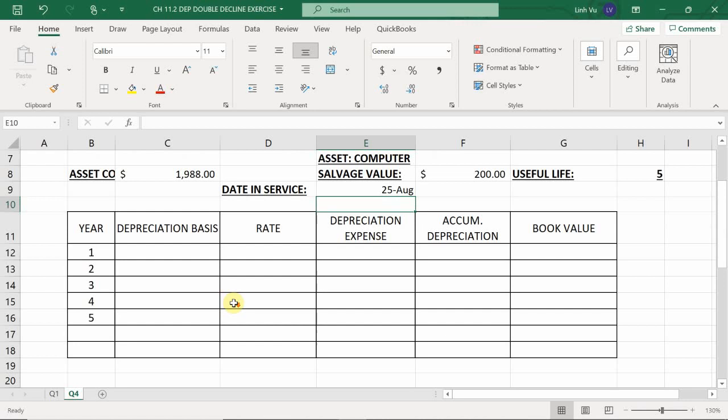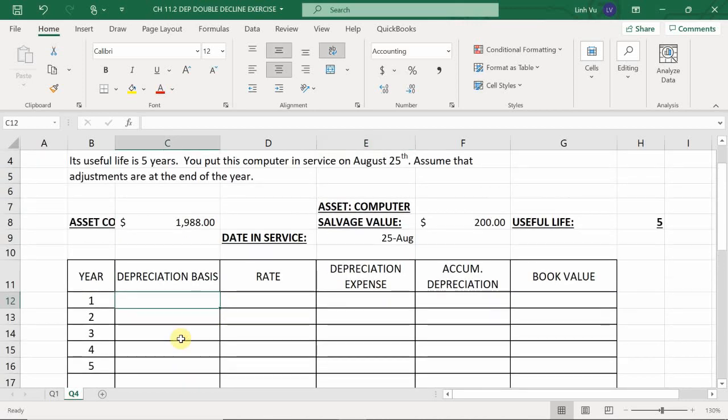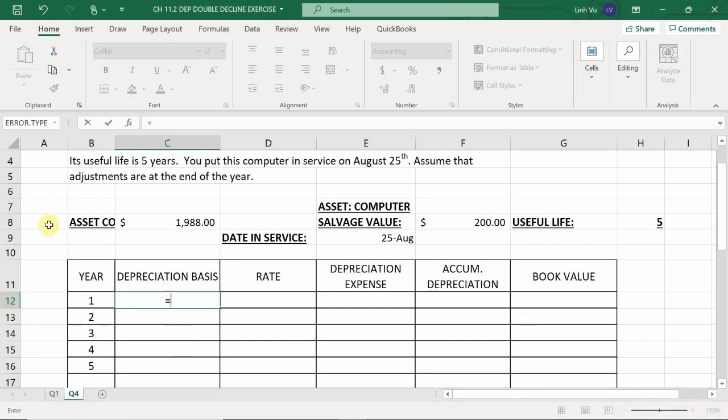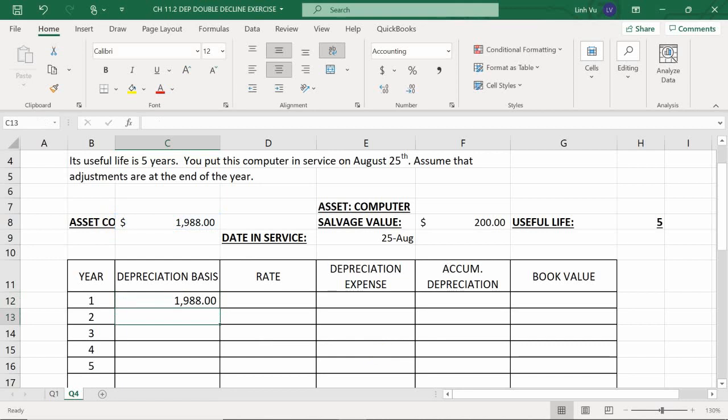So in this case, let's go ahead and dive right into my depreciation. So what's my depreciation basis going to be for year 1? 1,988. Correct, right? It's going to be your beginning of the year's book value of 1988. Okay.